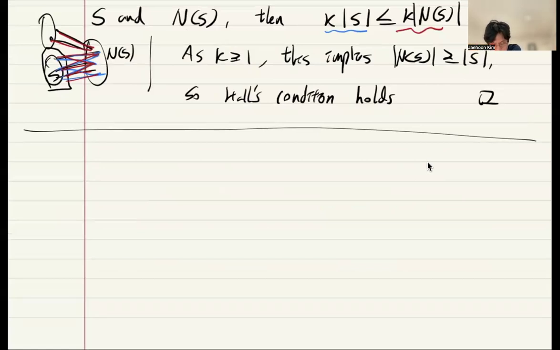And moreover, we can use this to prove the following. So when we want to check whether a bipartite graph has a perfect matching or not, this provides one criterion that we can use. And what if we want to find the maximum matching?